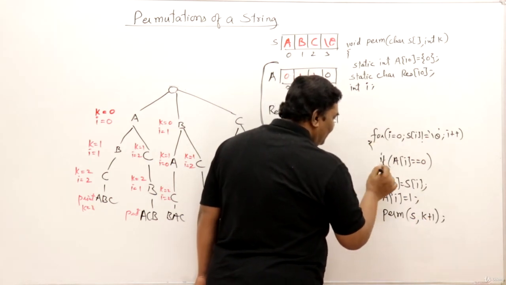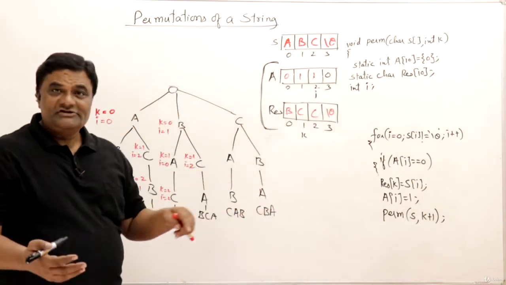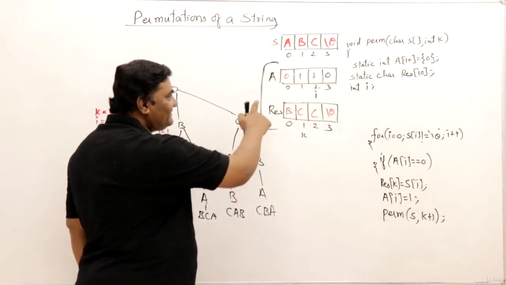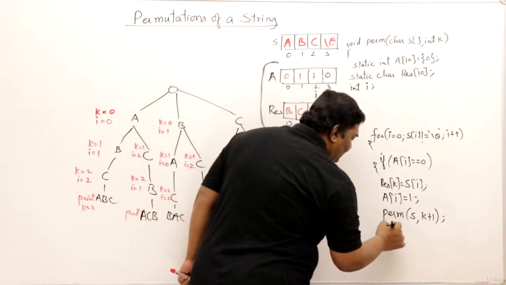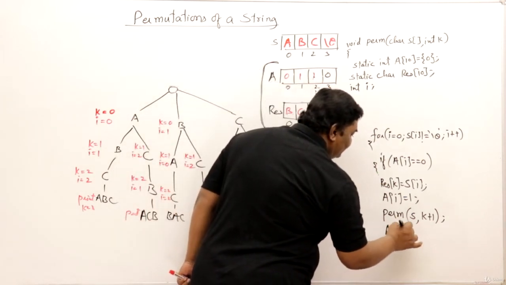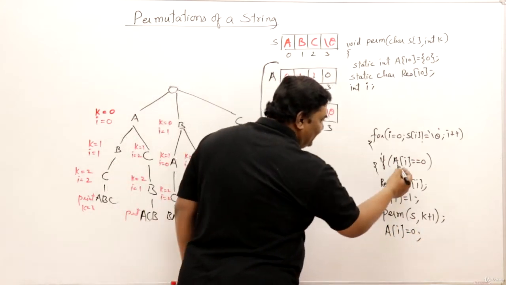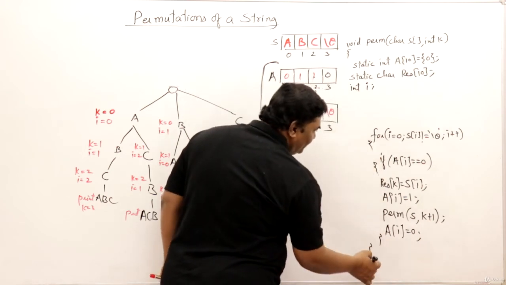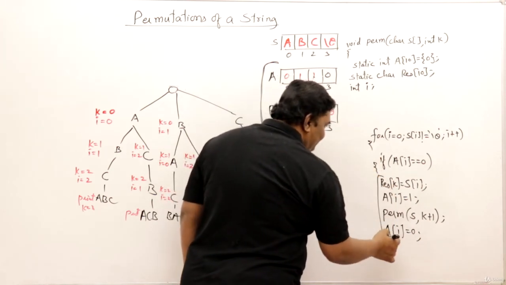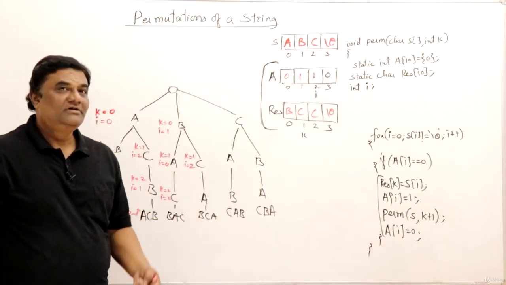And when the function call is returning, I should make this A of I 0 back again. This is all happening if A of I is 0. That's the end of the for loop. So these are the things inside the if, and it's all happening in the for loop.